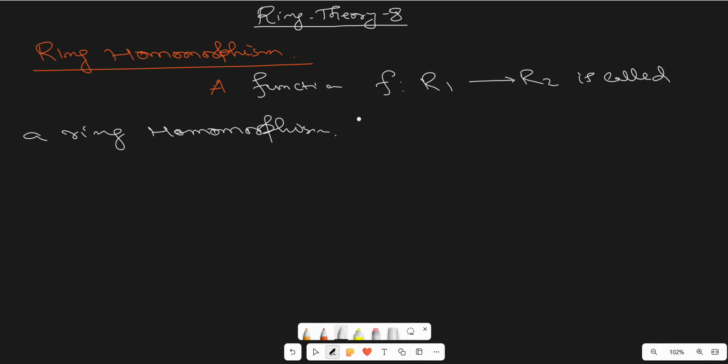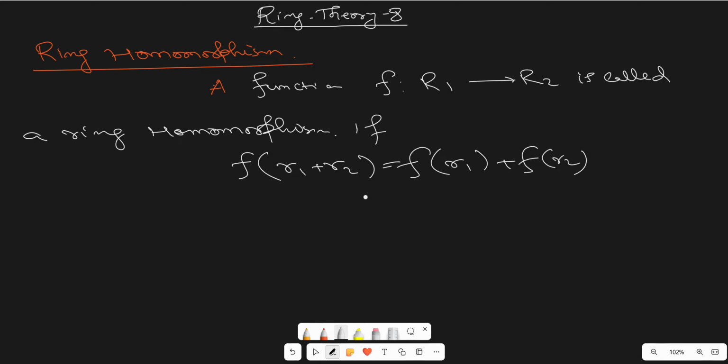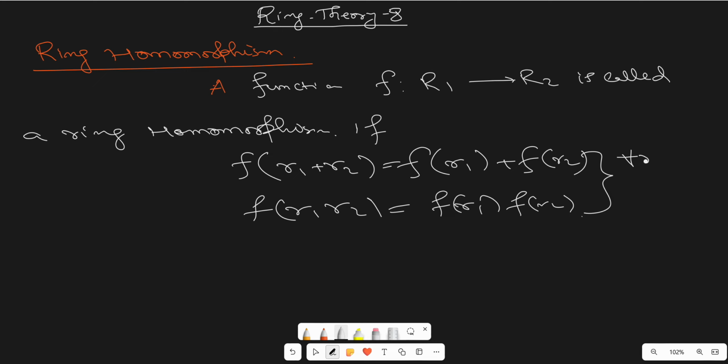So what is a homomorphism? f of R1 plus R2 equals f of R1 plus f of R2, and f of R1 R2 equals f of R1 times f of R2, for every R1, R2 in the ring R1.